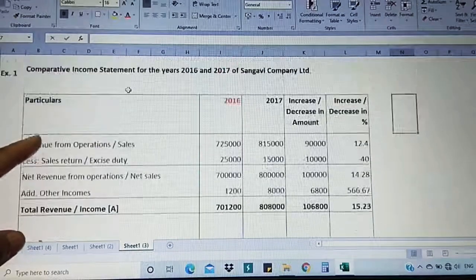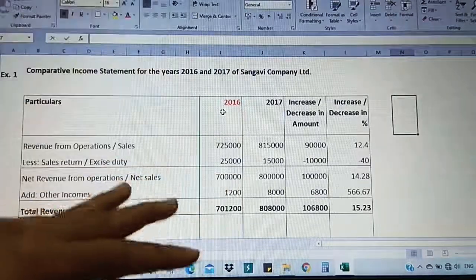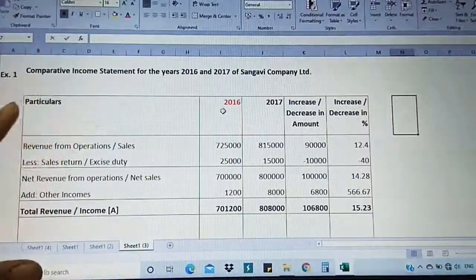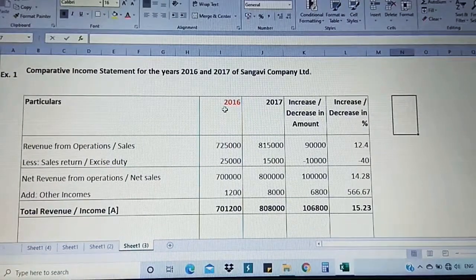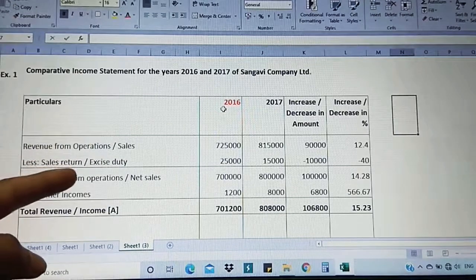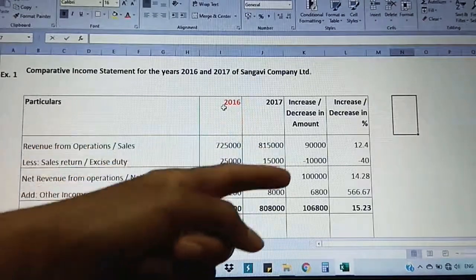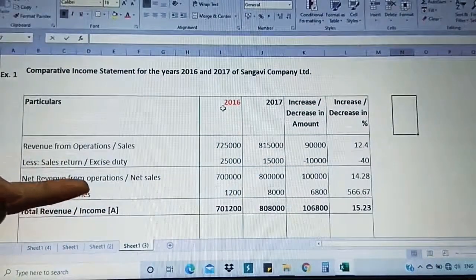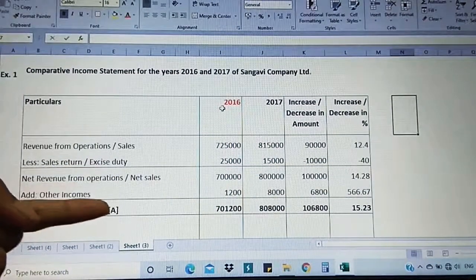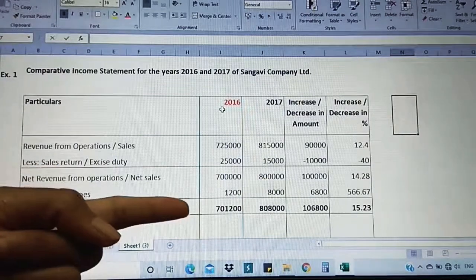Then particulars. Just copy the question as per the format. If sometimes it is not given as per the format, you are supposed to write it orderly according to your format. Sometimes you won't get sales return or excise duty. In that case, show it as nil and the same value to be brought down as net revenue from operation. Clear, students?